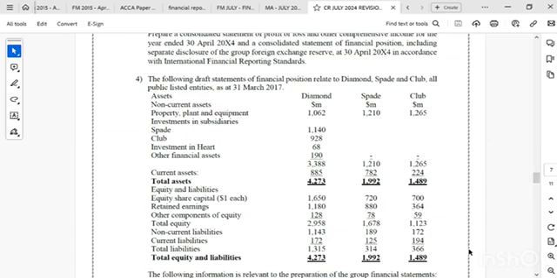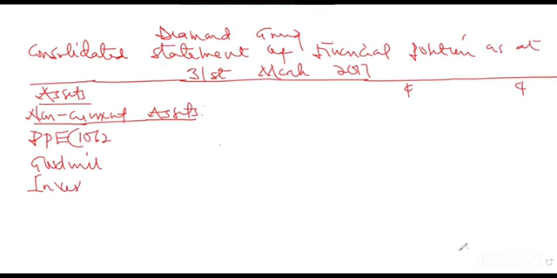So we are going to be having investments in Heart. So we bring that figure there. How much is it? 68.8.